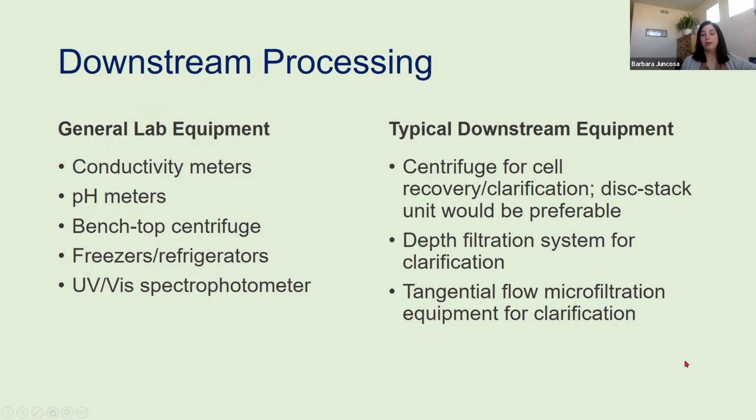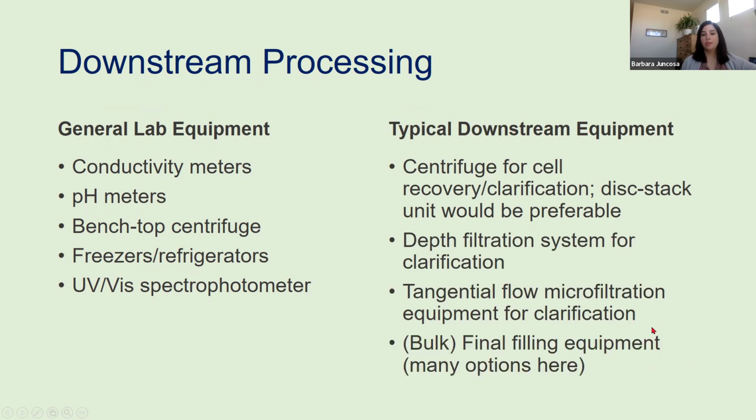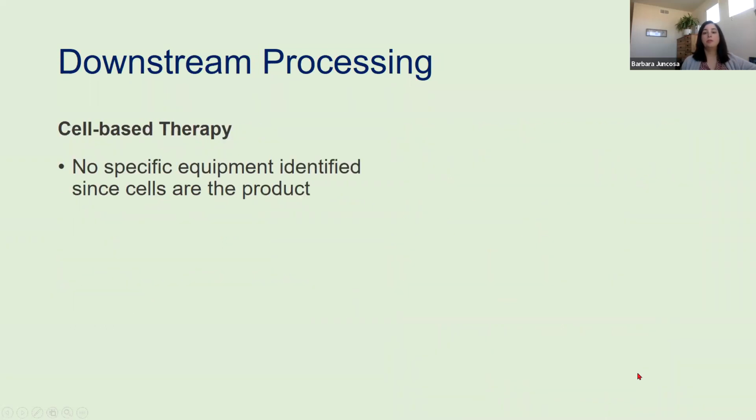TFFs, and then liquid chromatography should be the last one here. And then if you have bulk filling equipment, again, that's extra and fantastic. So not very different from traditional biomanufacturing. If we're talking about cell-based therapy, there really isn't a downstream process because the cells are the product. So you're kind of done after the upstream.